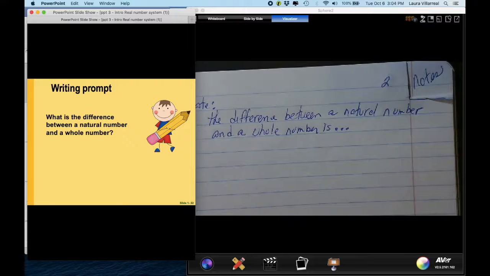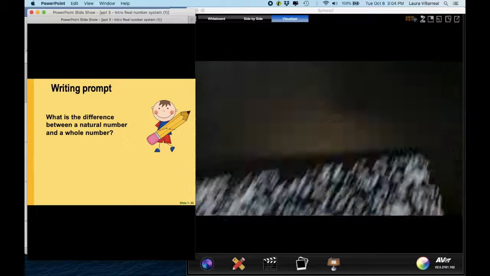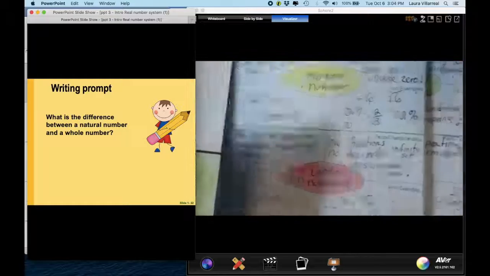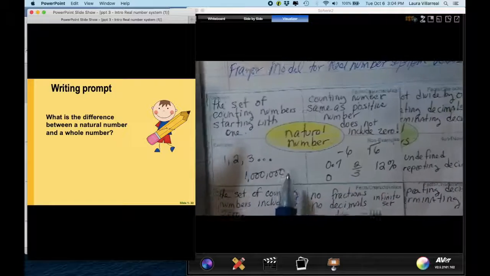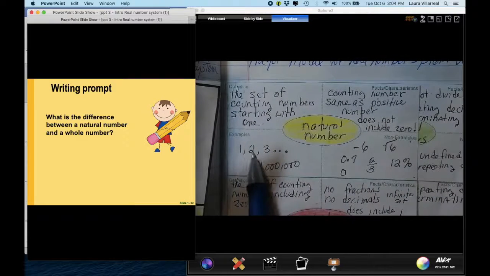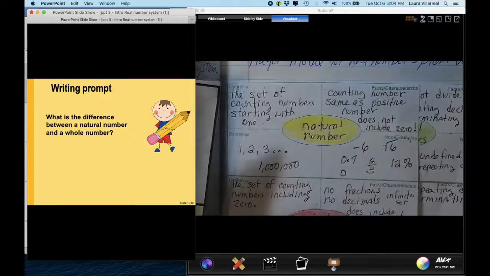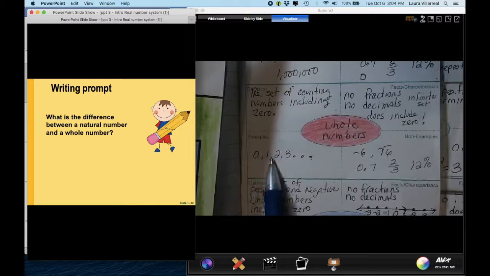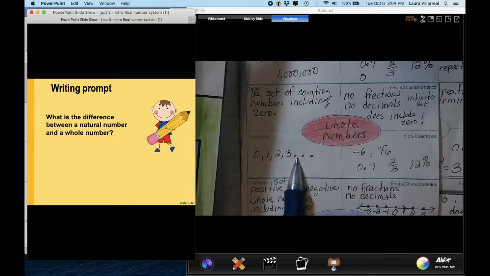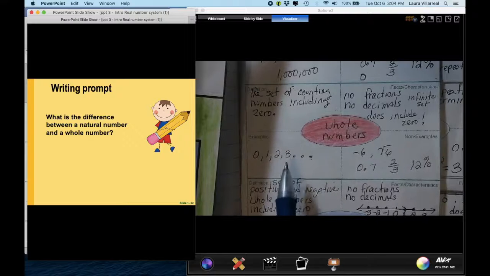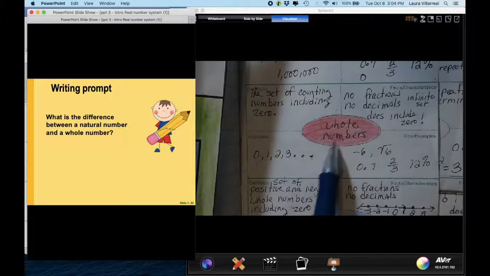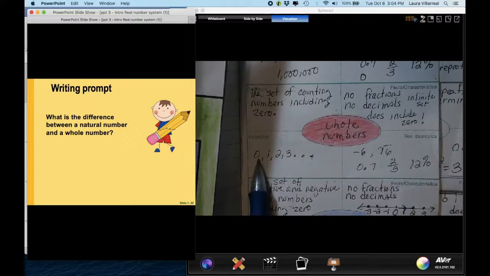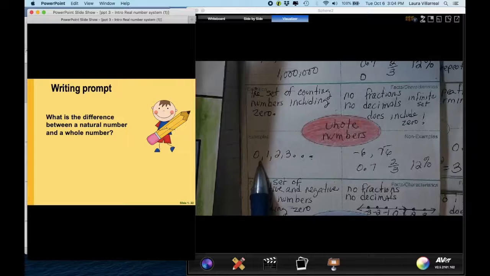Now remember that a natural number begins with 1. A natural number starts with 1, 2, 3. Whole numbers starts with 0, 1, 2, 3. So everything is the same except for the fact that whole numbers includes the number 0. So we need to write that as a sentence.